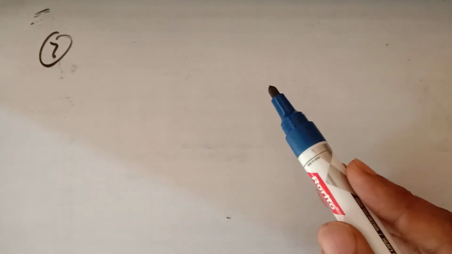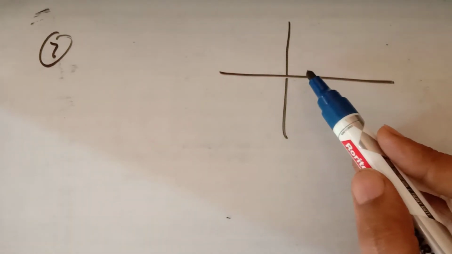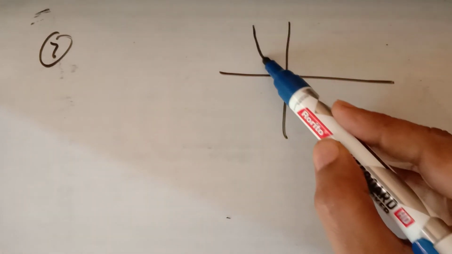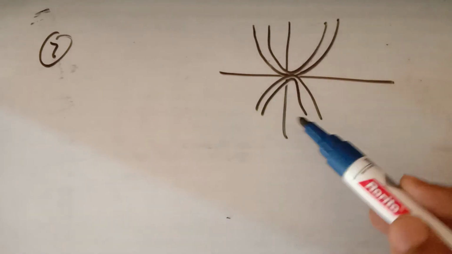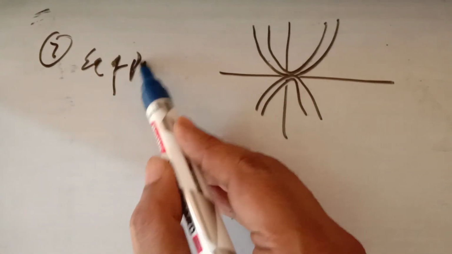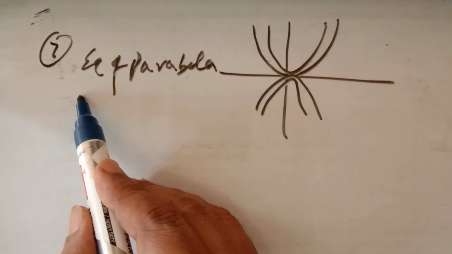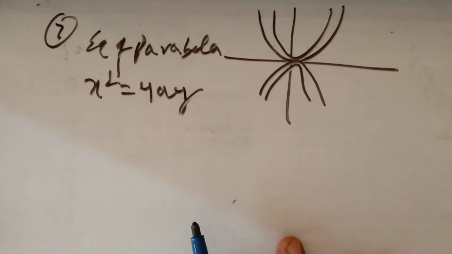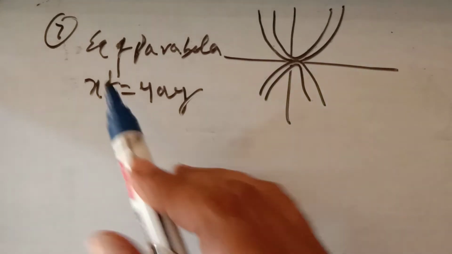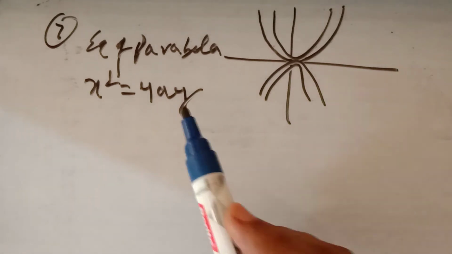Now in question number 7, you have to form a differential equation of the family of parabolas having the vertex at the origin and axis along the y-axis. It can be like this also. When the parabola is symmetrical along the y-axis, the equation of the parabola is x square is equal to 4ay, and here we have only one arbitrary constant, that is a.